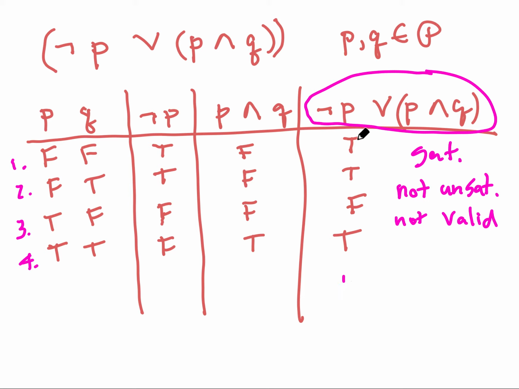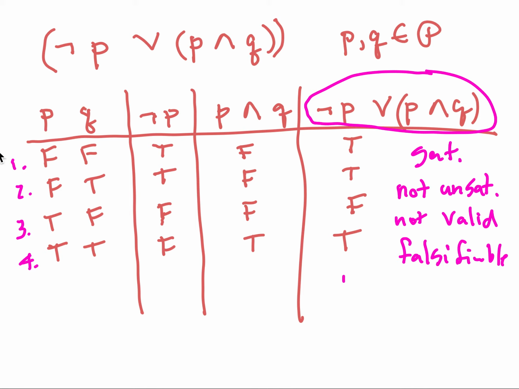Falsifiable means it's not valid, which means it's not true everywhere. Yes, it's false here. So it is falsifiable. It's satisfiable, falsifiable, it's not unsatisfiable, and it's not valid.